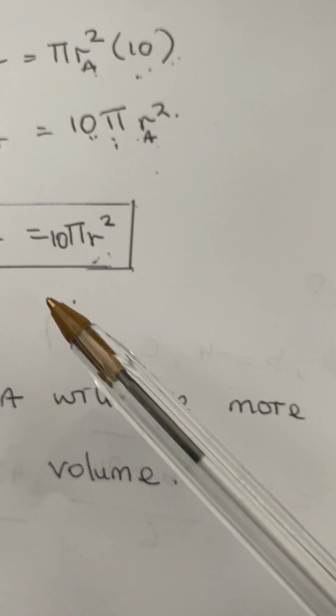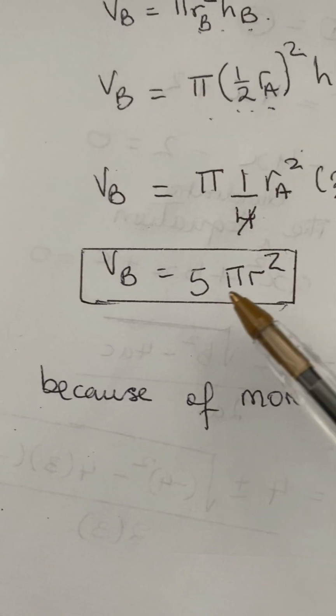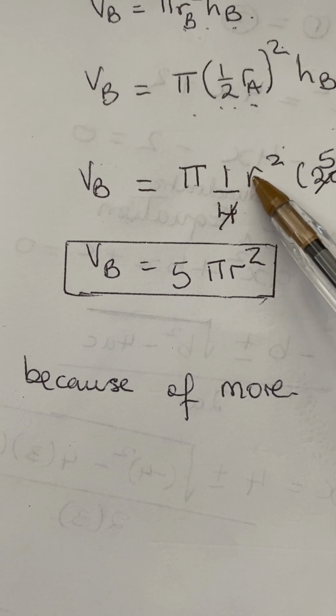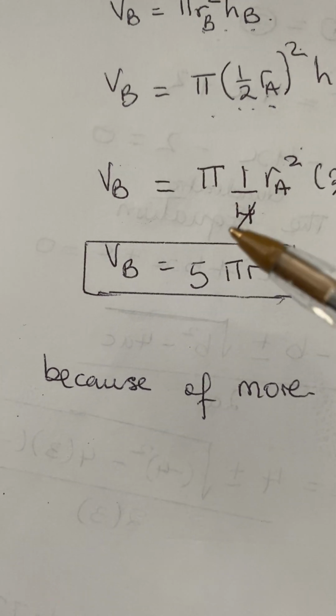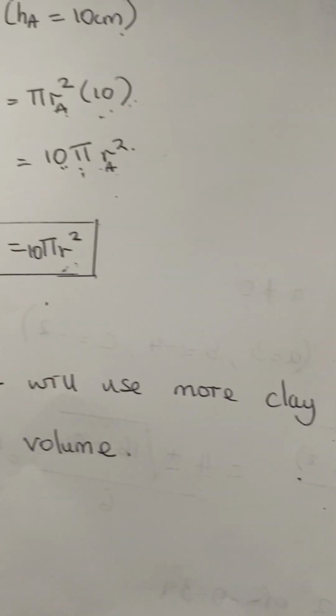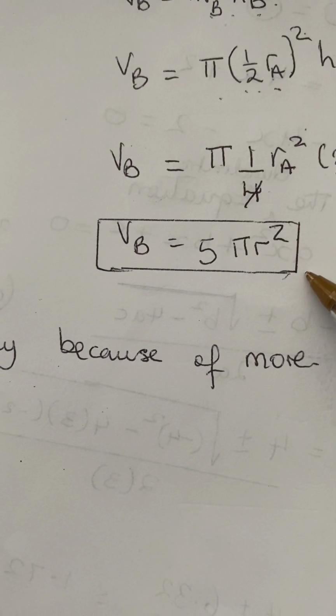So if I compare both, pi r squared, because I've substituted ra for rb, I've made it half. So now the r's are the same. So the volume of A and the volume of B.